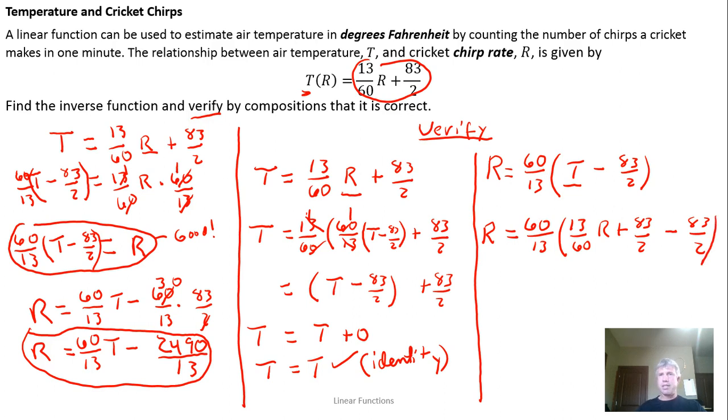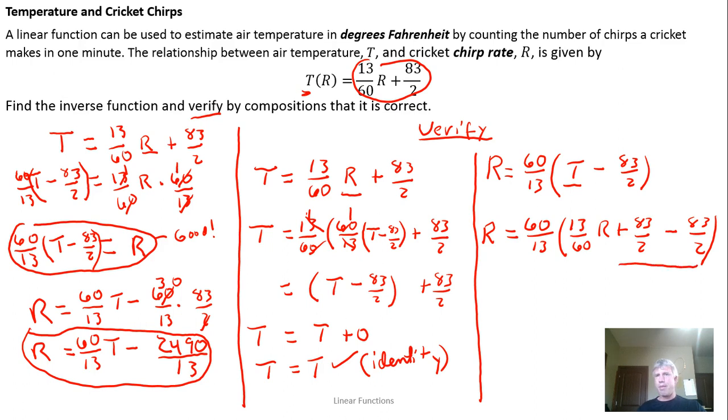The mistake that I see students make here is doing 60 over 13 times 13 over 60 to cancel this by getting a 1. But we can't do that because in this case we would need to distribute the 60 over 13 into all three terms. So the easier approach is to simplify the inside of the parentheses first.